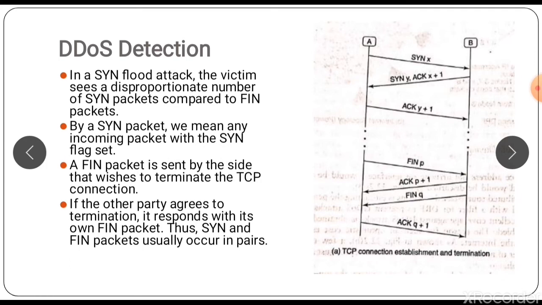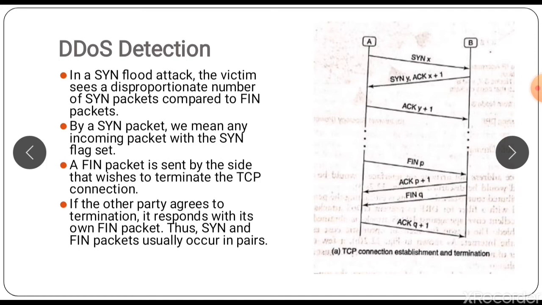So here you can see A wants to terminate the connection, so it will send the FIN packet to B. B will respond with the acknowledgement for that. Along with that, it will send its own FIN packet. So usually these SYN and FIN packets occur in pairs. If you have one SYN message, then you will have one FIN message from that client.